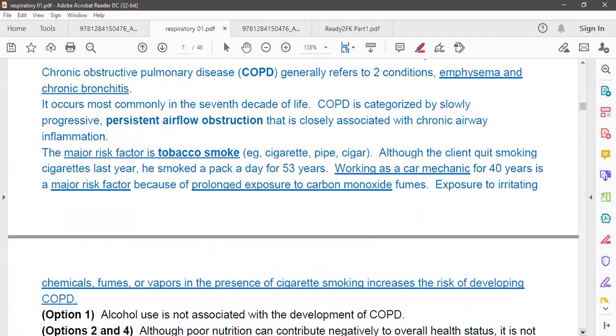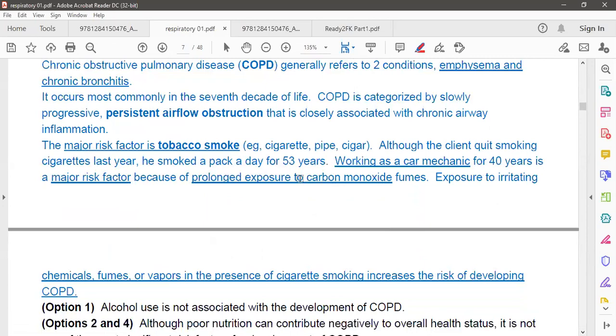Here are some notes about COPD. Let me read it. Chronic obstructive pulmonary disease generally refers to two conditions. One is emphysema. Emphysema means loss of lung elasticity and hyperinflation of lung tissue, and chronic bronchitis means inflammation of the airways.